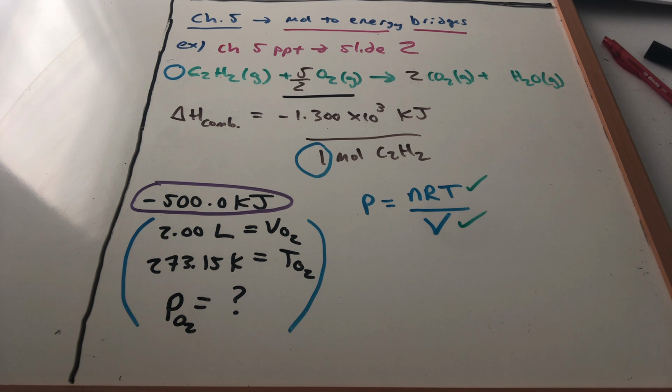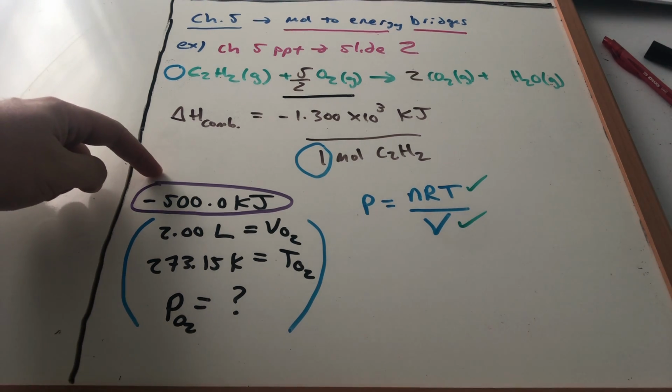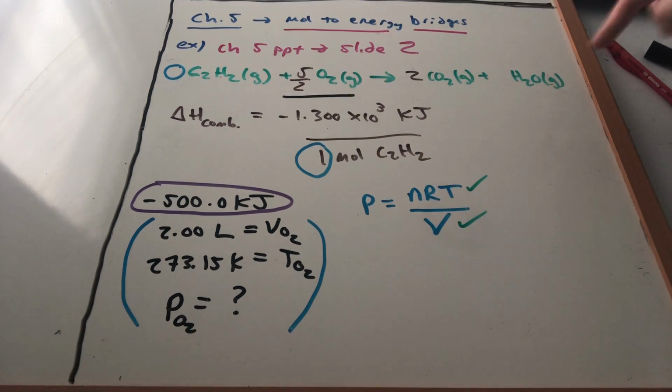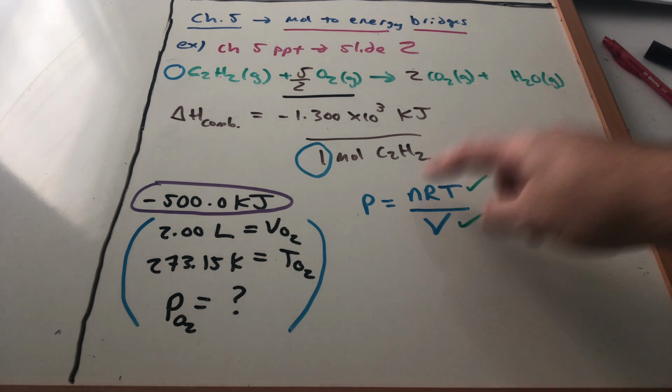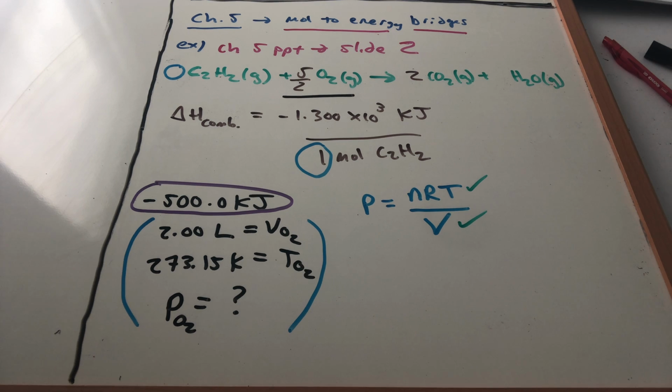Wait a second. This whole entire video, the last part of the last video, is all about realizing that if I have energy and a balanced thermochemical reaction, then I have a pathway between energies and moles. I can use my mole to energy bridge here to find out the number of moles of oxygen.